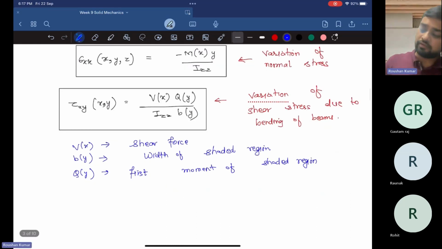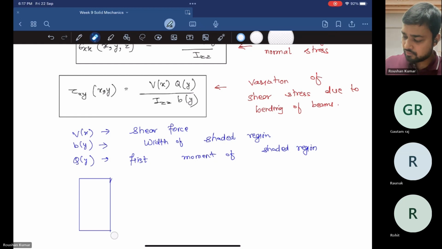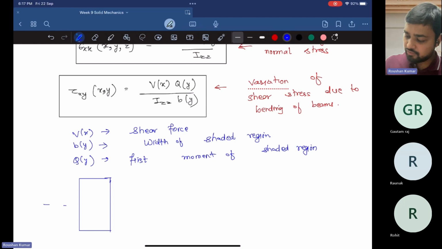Suppose we have a cross section and this is our neutral axis, and in this region we have to find the variation of shear stress at a distance of y. Basically, we need to find the variation of shear stress, that is tau xy, in this shaded region. So we have to find the shear force which is acting on this cross section.